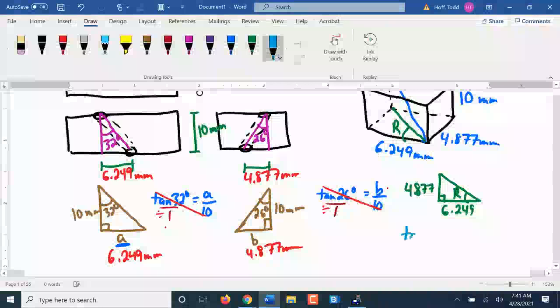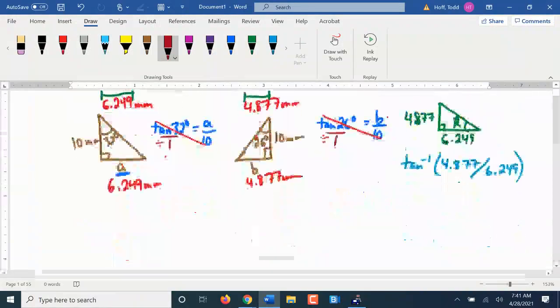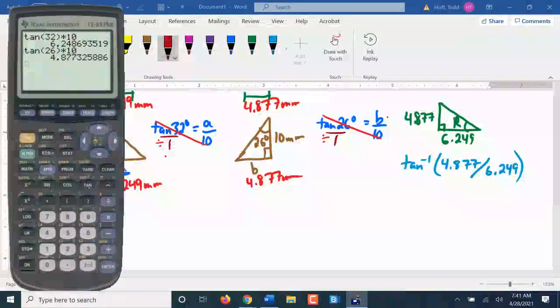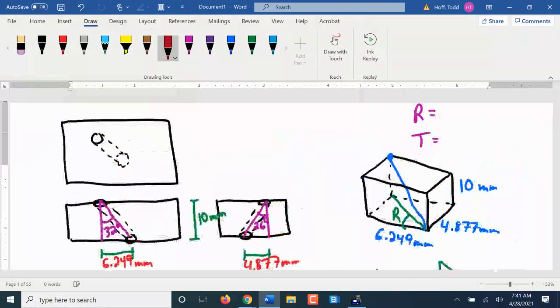Inverse tangent of opposite side, 4.877, over adjacent side, 6.249. That gives 37.97 degrees. That's my angle of rotation.